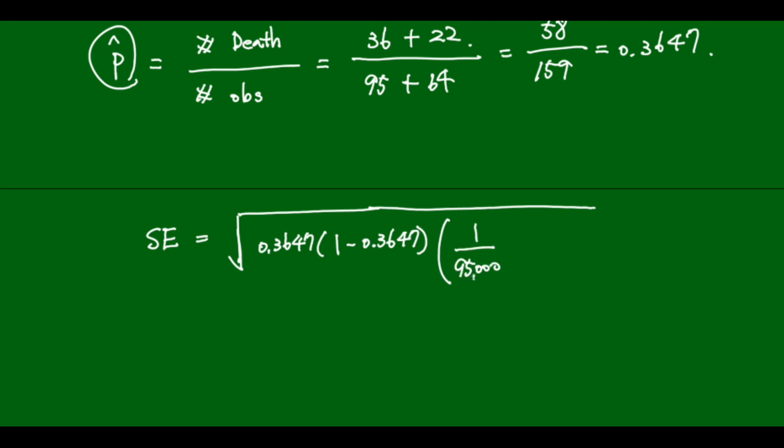Just be careful, our observations are recorded in thousands, so we actually have 95,000 people in the USA and 64,000 from Italy. If you calculate this, our SE is really small, which is 0.000246.